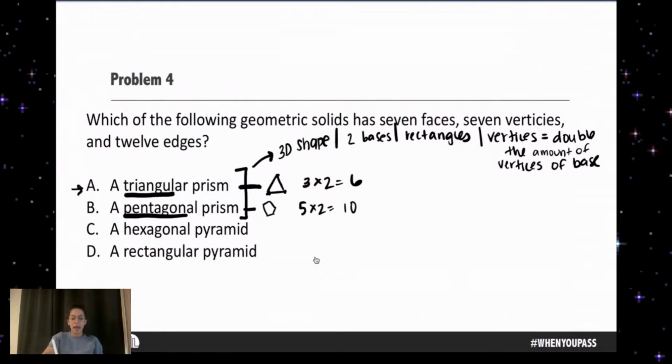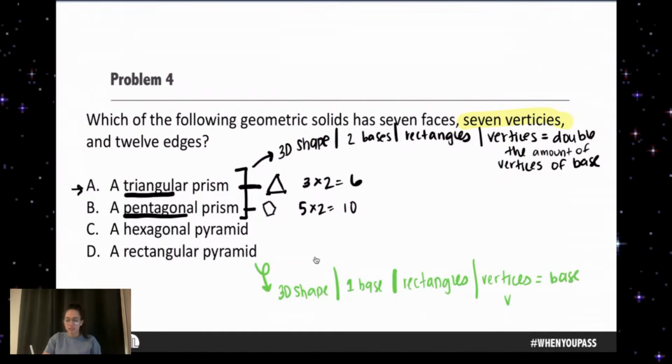So neither of those are the correct answer because our shape only has 7 vertices. A pyramid is a 3D shape with 1 base, and triangles closing off that shape, and the vertices equals the base vertices plus 1.